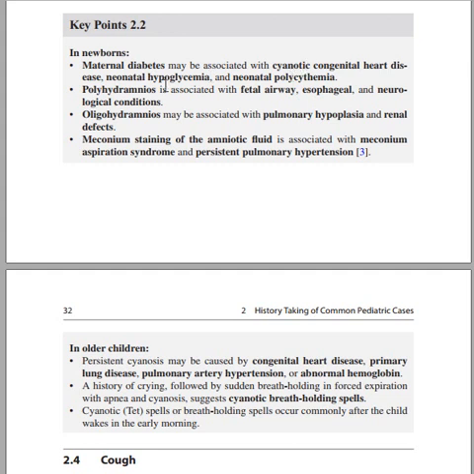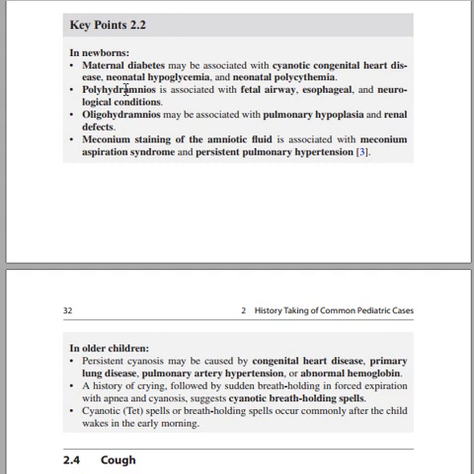So all these can result in cyanosis. There is a difference between gestational diabetes and maternal diabetes. A child from a mother who has gestational diabetes, which occurs only from 26 weeks of gestation.